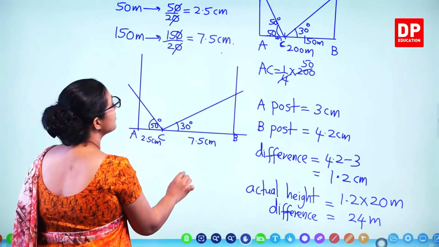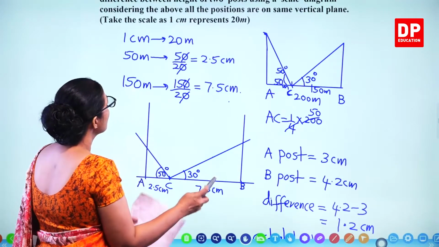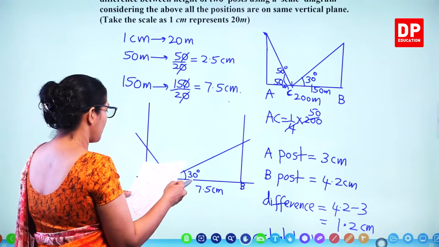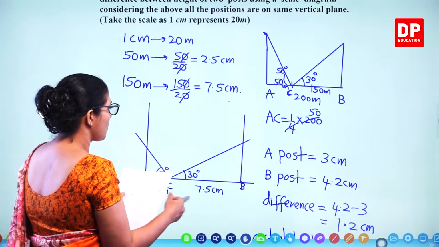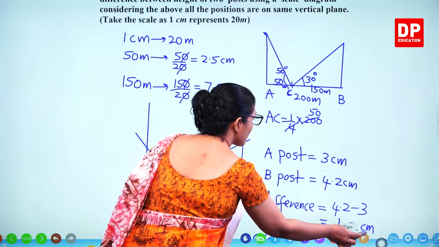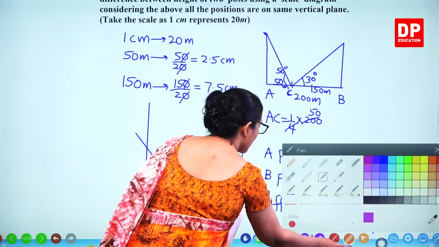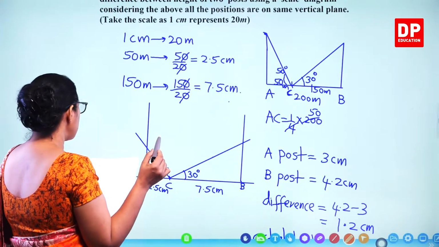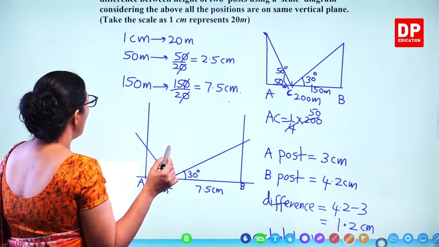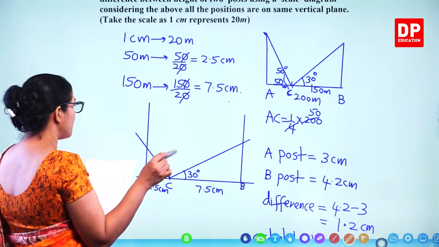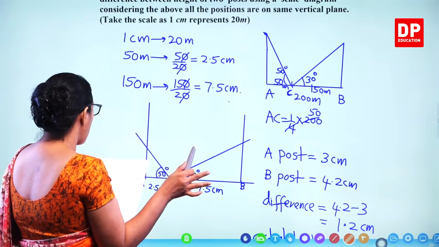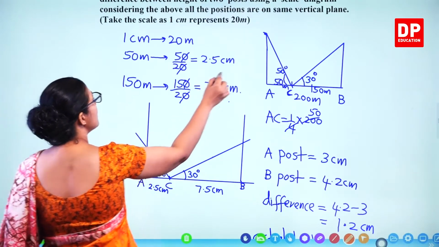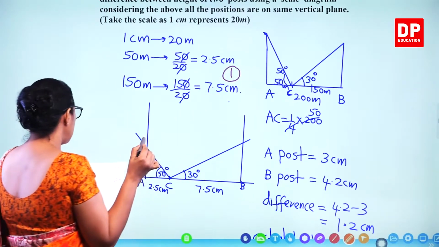How many marks? You are getting 7 marks for these diagrams, the whole thing. And you are getting 1 mark for converting to the scale length.